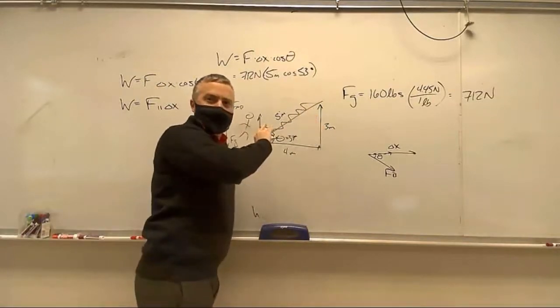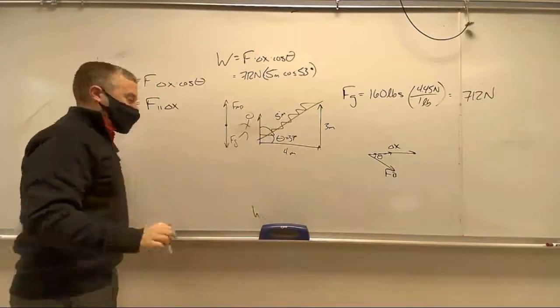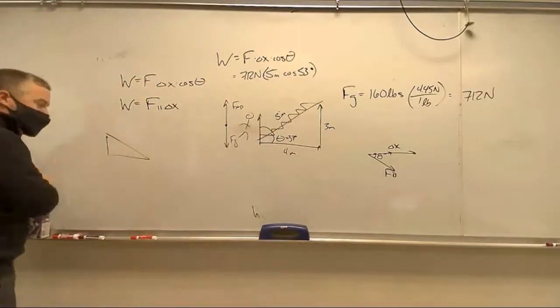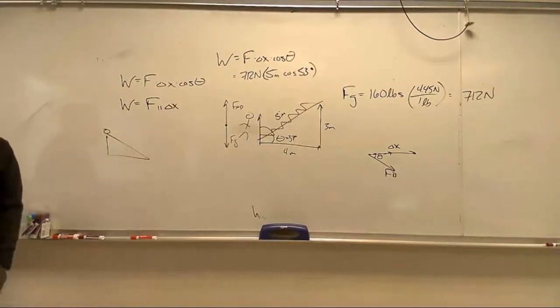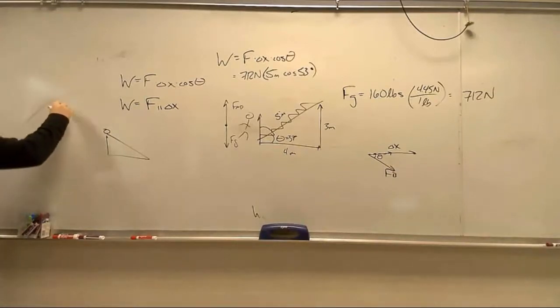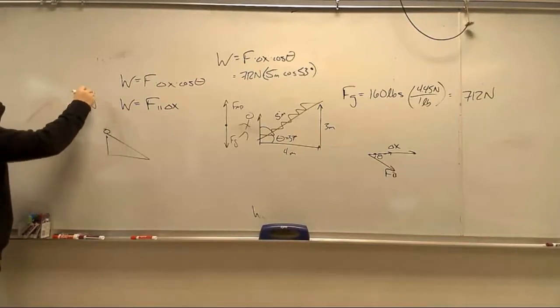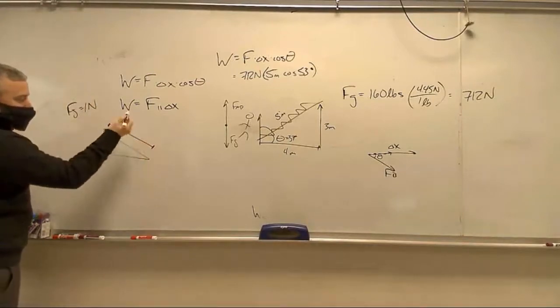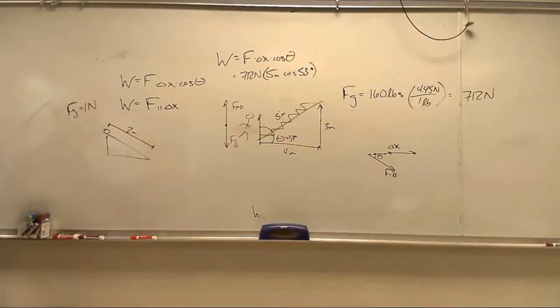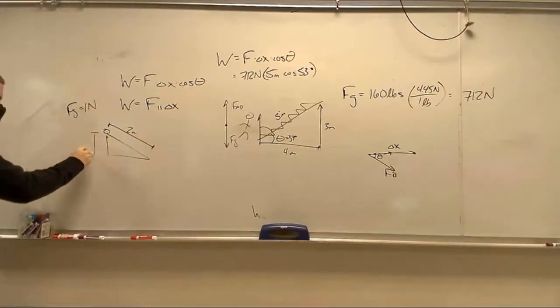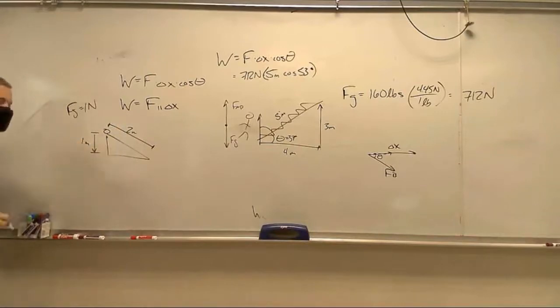Does that make sense? Let me give you another instance real quick. If there was, say, a ramp right here, and there was a ball that was going to roll down the ramp, and I wanted to know exactly how much force of gravity was going to do work. Let's say, for sake of argument, force of gravity is 1 Newton. Let's say that is, I don't know, 2 meters, something like that, and this over here is 1 meter.